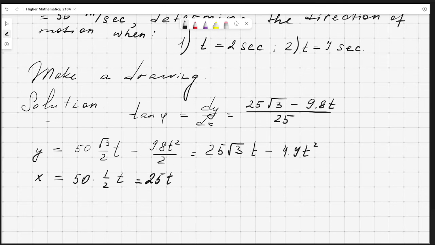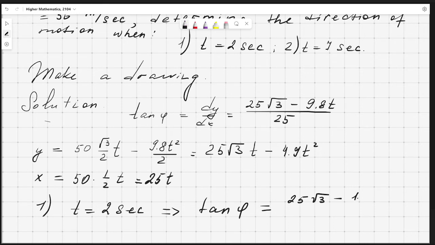If t is 2 seconds, then tangent of phi will be equal to 25 square root of 3 minus 9.8 times 2, which is 19.6, over 25.